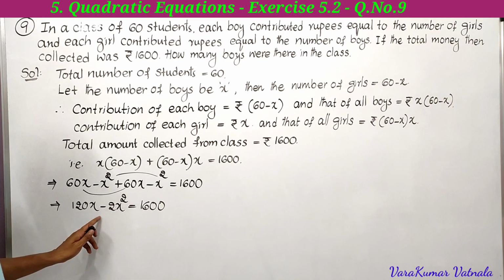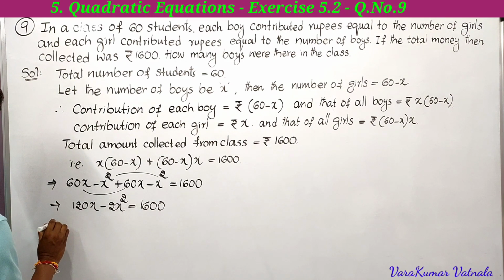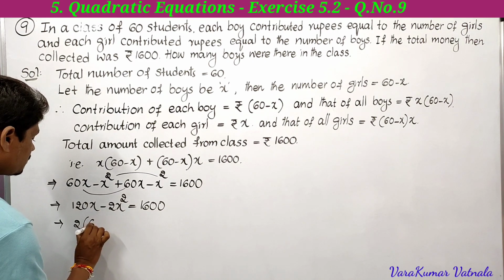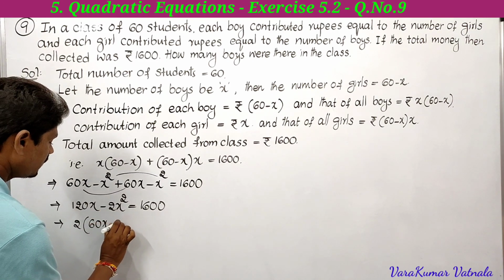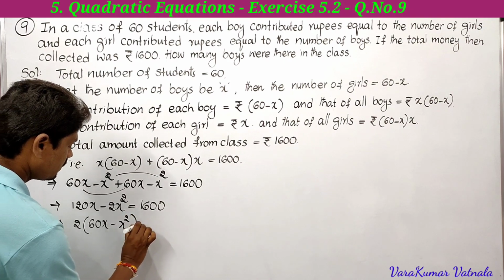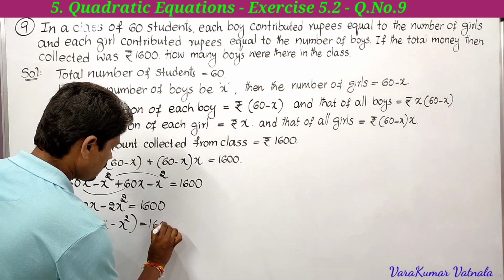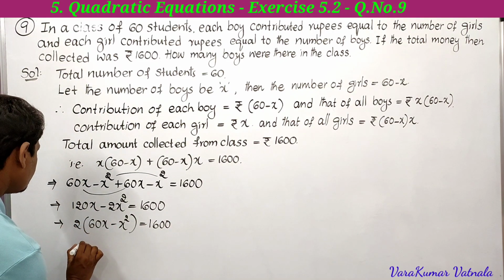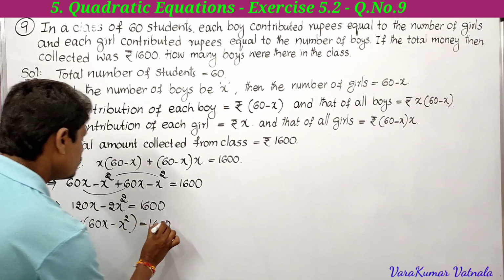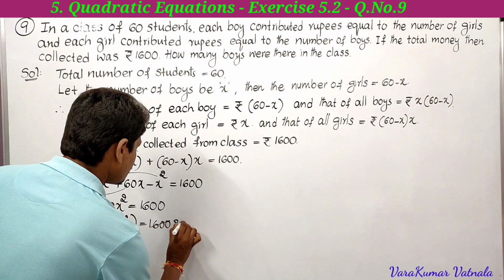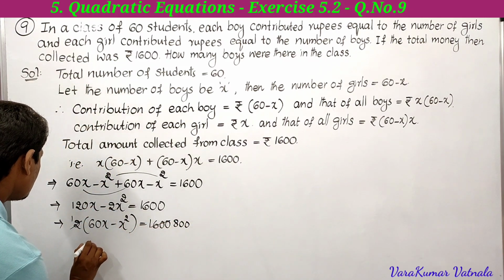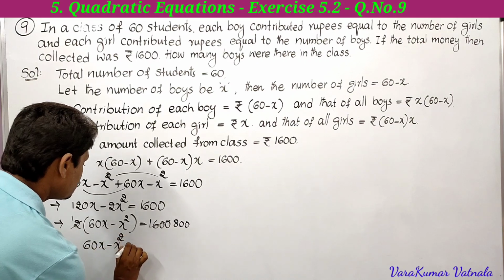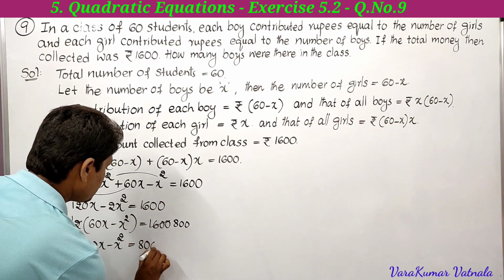Now take 2 common here: 60x minus x square is equal to 800. Here we can cancel the 2 and the 1600 to 800. So we have 60x minus x square is equal to 800.